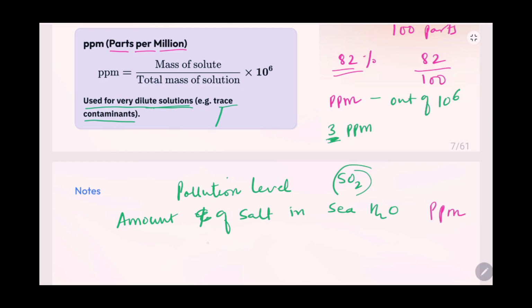Also pollen grains, how many pollen grains are suspended in air, that also will be very less in 1 million. So you have to use the ppm method.